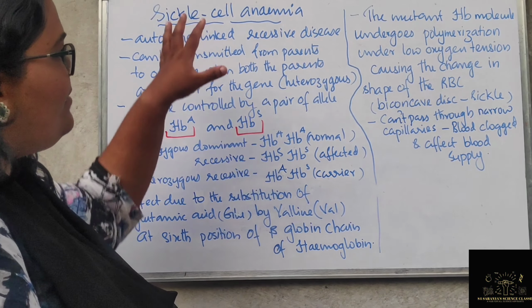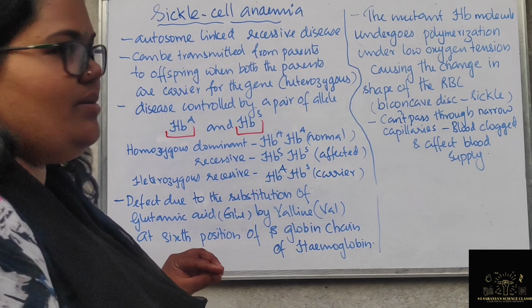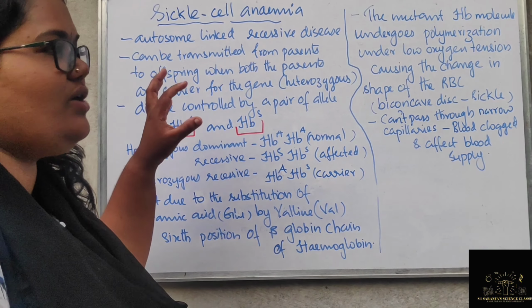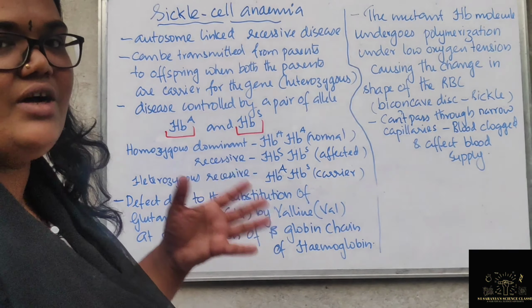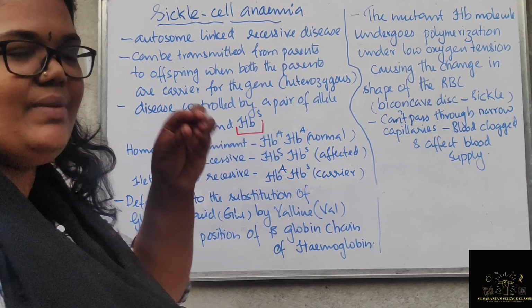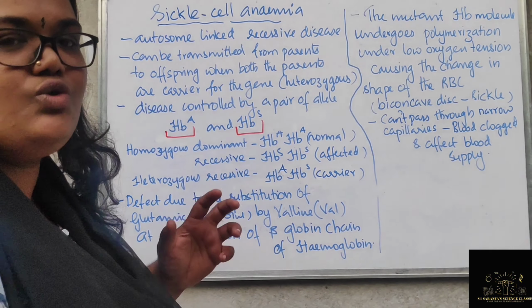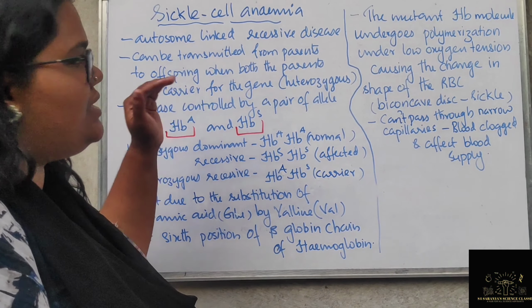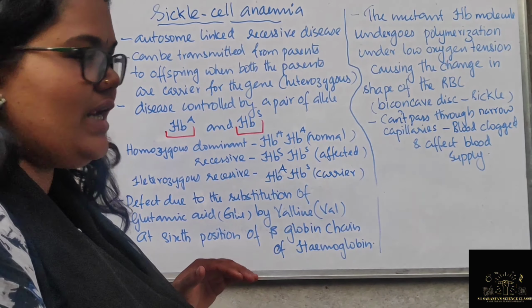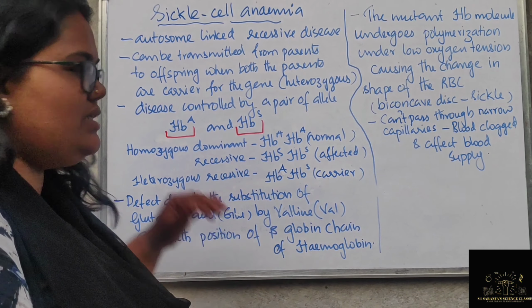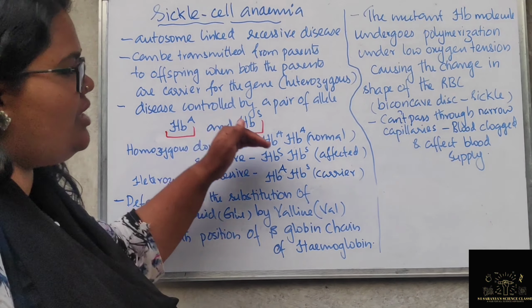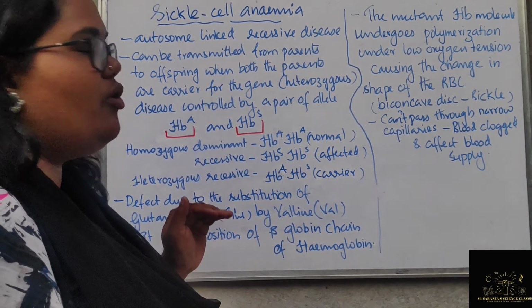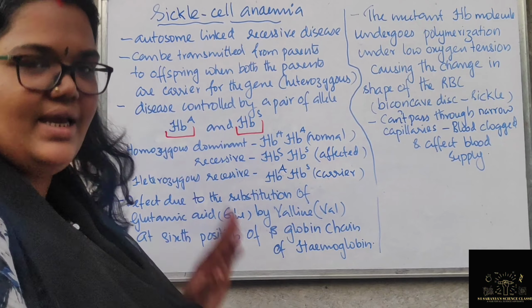And this gene is causing a problem in the alpha globin chain of hemoglobin. There will be some substitution changes, and because of that, this disease is happening, right? So there are two types of alleles: a normal allele of hemoglobin, HbA, and a sickle cell anemic hemoglobin allele, that's HbS, right?